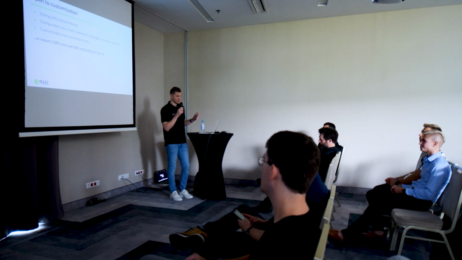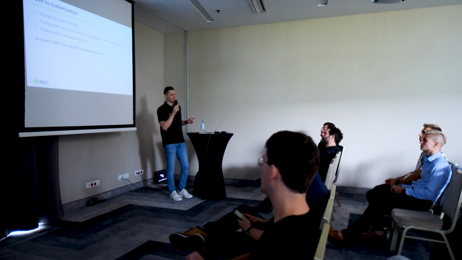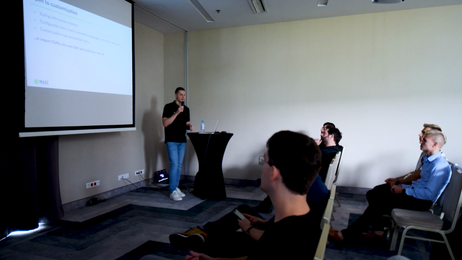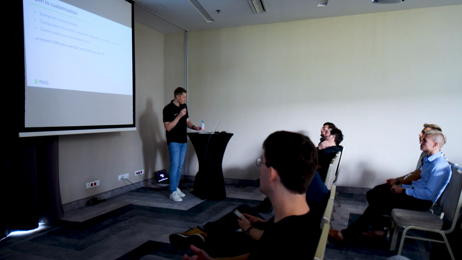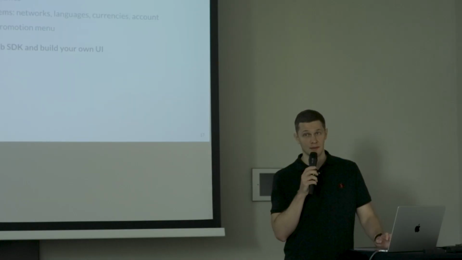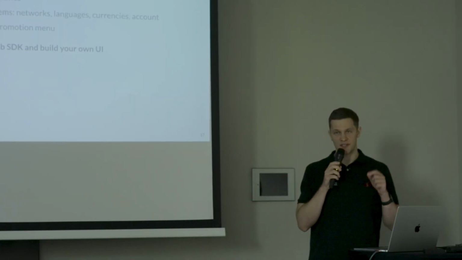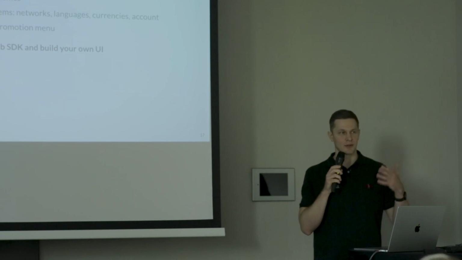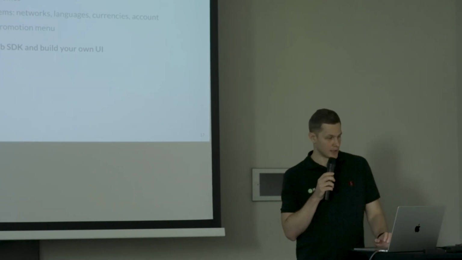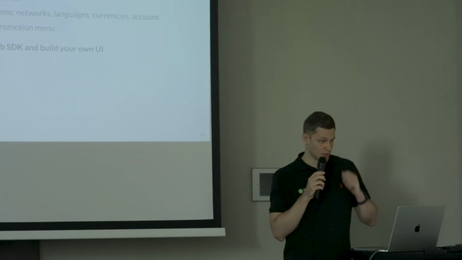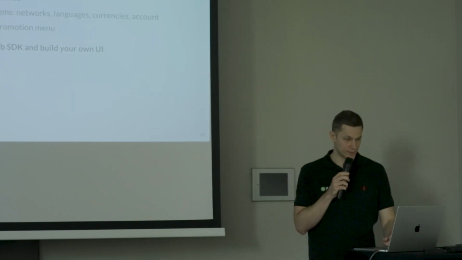Like the list of currencies, languages, whatever you support, you can disable them altogether. So if you don't have different languages yet, just disable it. But once you add it, it will be at the same place where users expect it. So they will not need to learn how to use the interface. And the cross-promotion menu is also customizable.